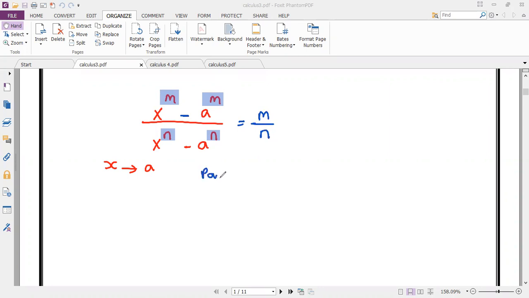The power at the top divided by the power at the bottom. Then you will take the number after the negative, which is a. Then you will subtract powers, the power minus the power. So it will be m over n multiplied by a, the number after the negative, to the power m minus n.